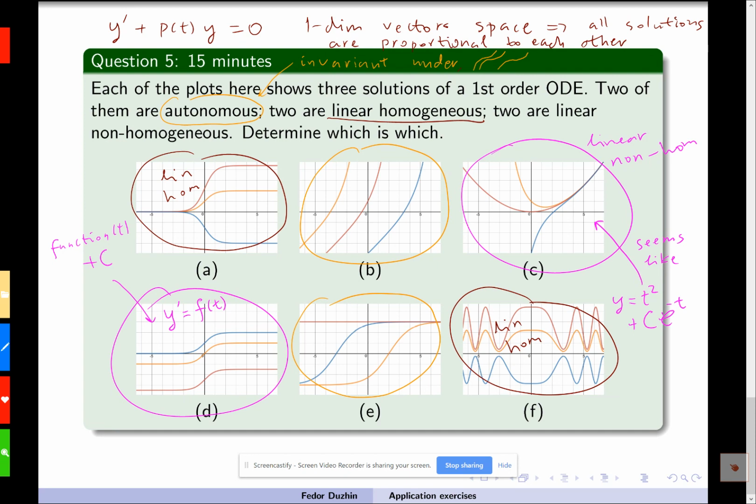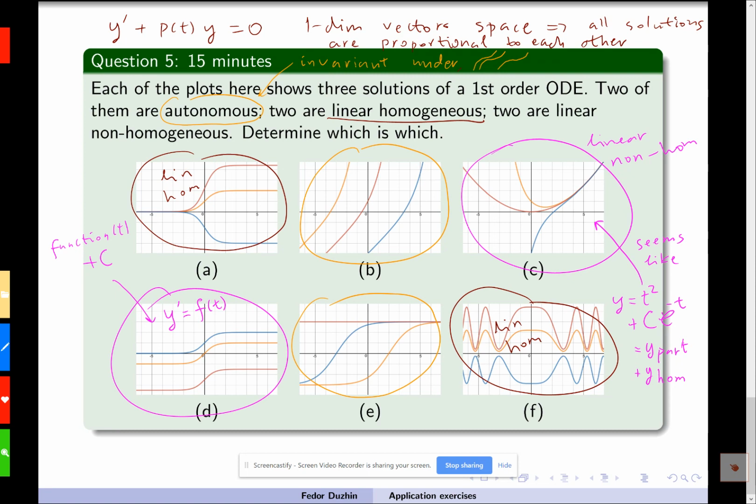It may be e to the negative 2t, maybe something more complicated, but it is something like this. So the general solution fits into this pattern: some specific form plus constant times another specific term. And this is a linear non-homogeneous equation because this is the particular solution of the non-homogeneous equation plus the general solution of the homogeneous equation.